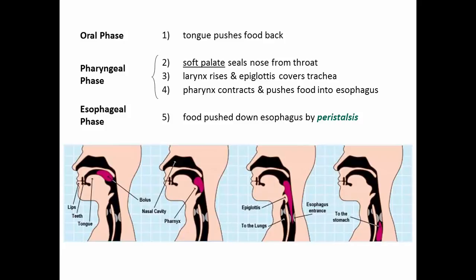So if you put your fingers on your trachea over your larynx, that's where your Adam's apple is, and you swallow, you can feel your larynx going up, and at the same time that little flap of skin is covering over the top of the trachea so that food doesn't end up going down into our lungs. And then the muscles surrounding the pharynx or throat contract, and that pushes food down into the esophagus. And then, of course, the esophagus takes over, with peristalsis and all of these rhythmic contractions of the smooth muscle down the esophagus, and that pushes the food down into the stomach.